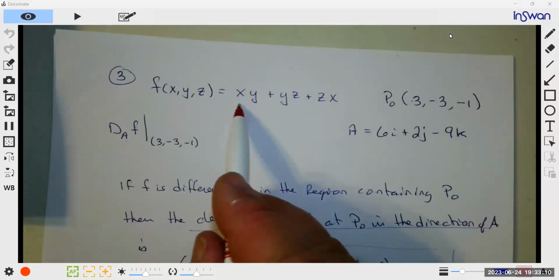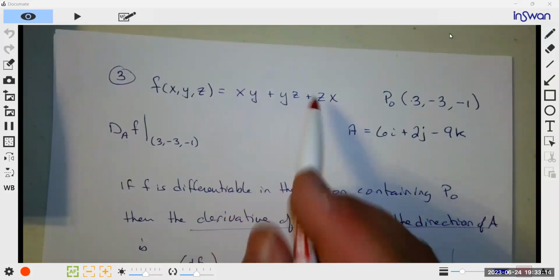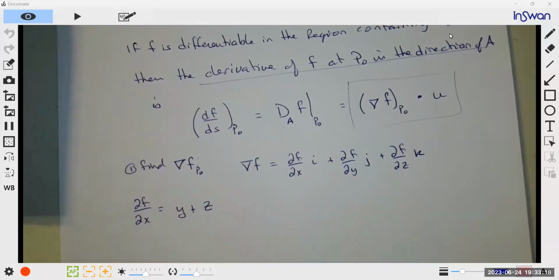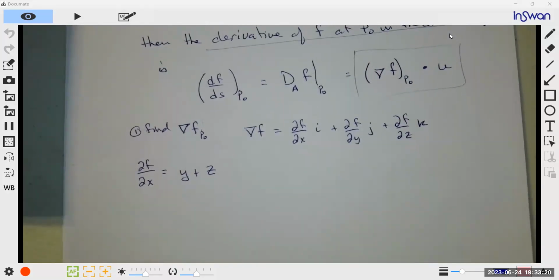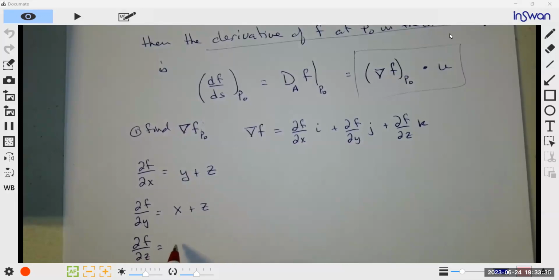Remember, our function is xy, yz, zx. So the derivative with respect to x is y plus z. The derivative with respect to y is x plus z, and the derivative of f with respect to z is y plus x.